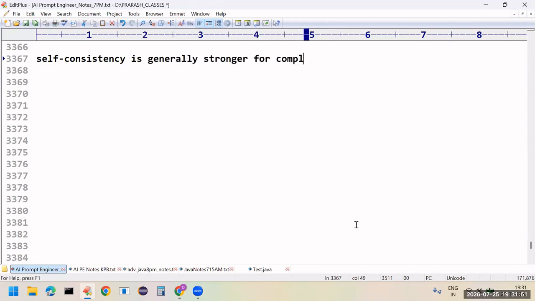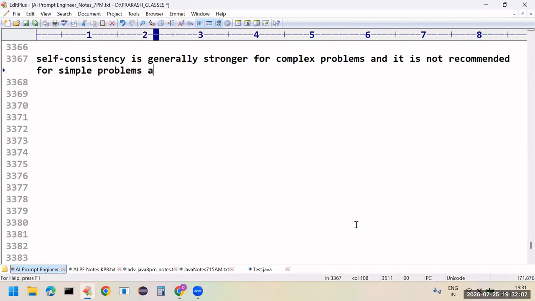For what kind of problems? Complex problems. And it is not recommended for simple problems, as the cost of tokens is high. For simple problems, don't go for self-consistency because n number of comparisons it has to do.